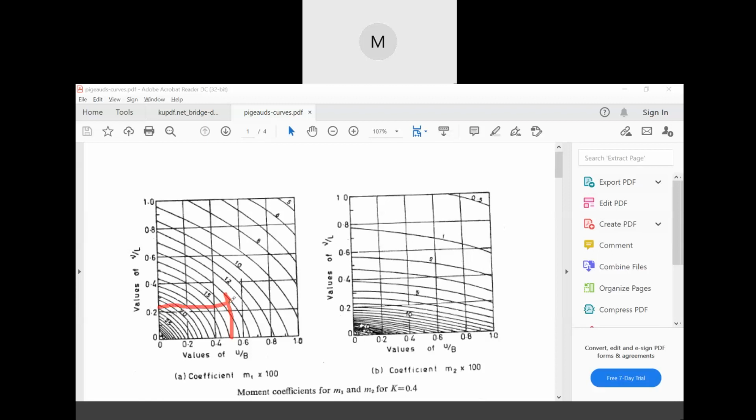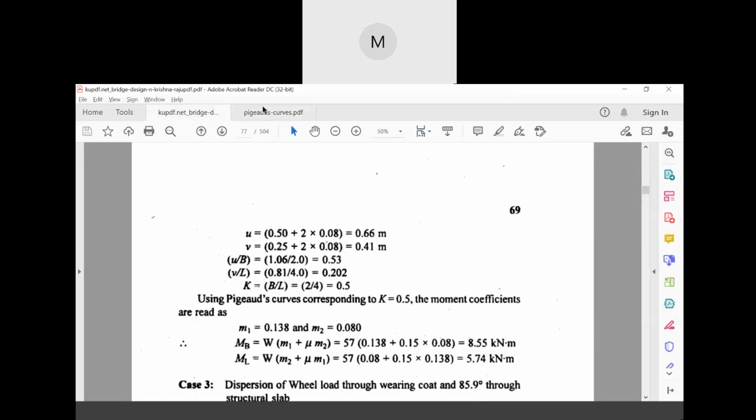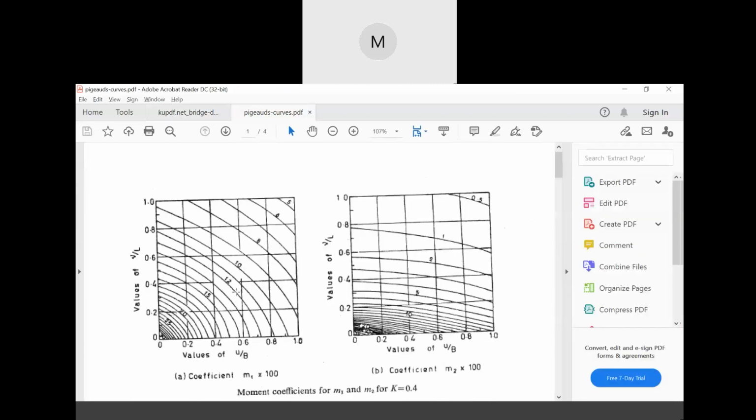Now if you match here, now if you see the point where it is green color, somewhere here, this will be the point where this one and this one coincide, right? Then we are considering this value to be 0.138. Okay, so in this way we are getting the value of m1.